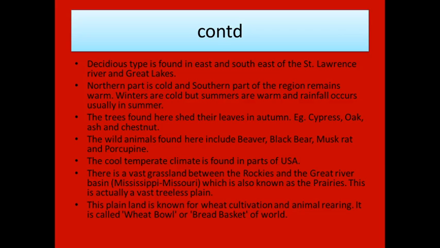Deciduous type is found in east and southeast of St. Lawrence River and Great Lakes. Northern part is cold and southern part of the region remains warm. Here winters are cold but summers are warm and rainfall occurs usually in summer.